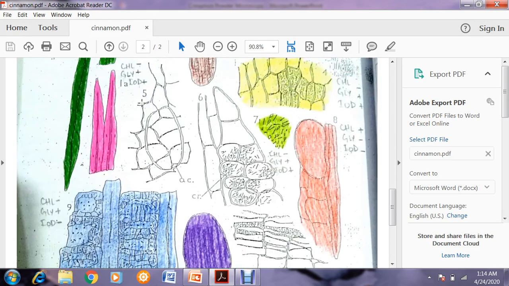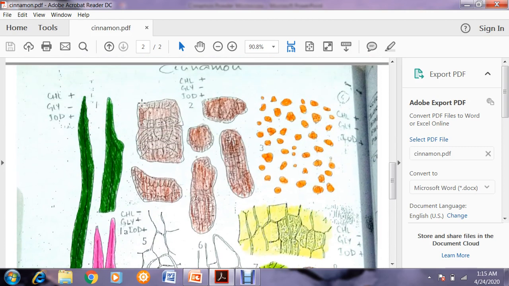What does it mean? These are the single fibers and these are the small groups of fibers. When the student makes 3 slides with the help of chloral hydrate, glycerin, and iodine, in the chloral hydrate slide they observed the fibers, so they mark a positive sign here.